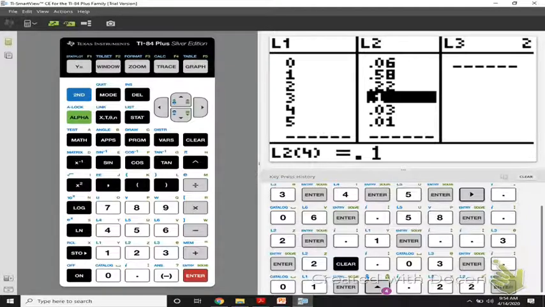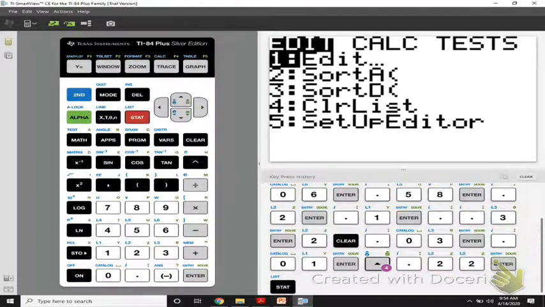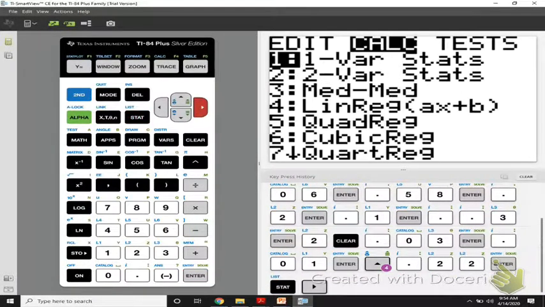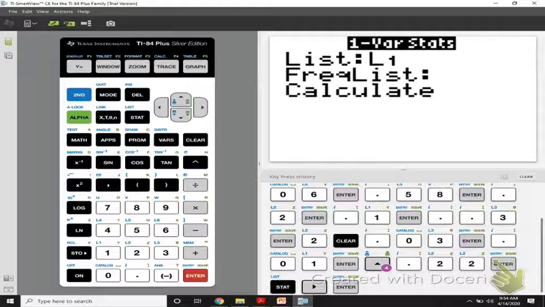At this point, we want to go back to our stat menu and go over to calculate, so arrow over, and we want to do our one-variable statistics on this set of data. Our list is list 1. The frequency list is the same as the probability. We can expect the value of 0 to happen about 6% of the time.